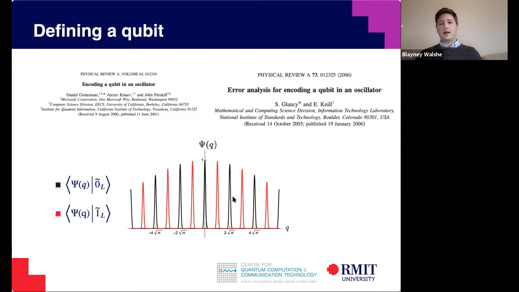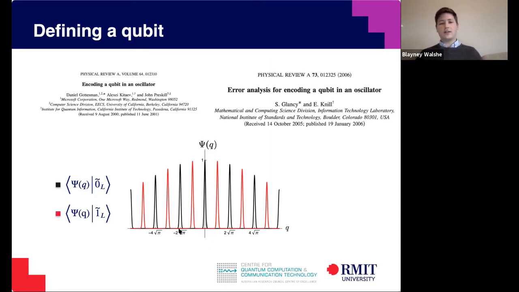Here I've got the position wave function of a 0 state in the black or a 1 state in the red. This is a finitely squeezed GKP state. The important part is that if you were to measure a state like this, the measurement outcome gives you information about what state you have.